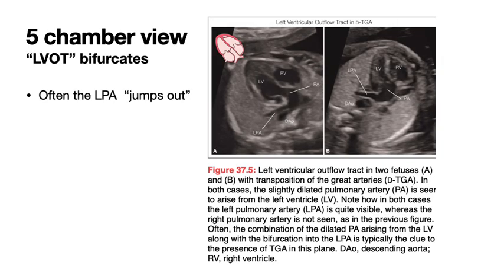All right, what do you think the four-chamber view looks like? Yes, it is normal. And the five-chamber view, what do you think about that? What's that going to look like? Well, in the five-chamber view, what looks like the left ventricular outflow tract, you'll notice it bifurcates. And very often the left pulmonary artery jumps right out at you.